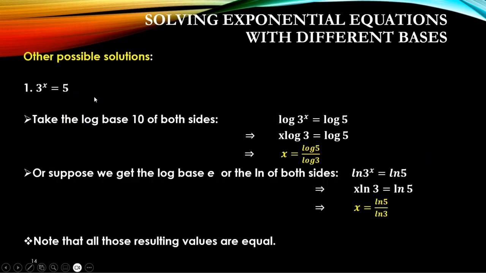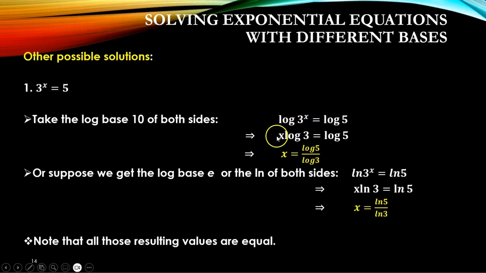Now, another technique is, this is what I usually use. What I do is I apply base 10 because it's easy for me to just apply base 10, and then afterwards I can just choose to change the base. So in this case, if I apply base 10 to both sides, that's logarithm of 3 raised to x is equal to log 5.